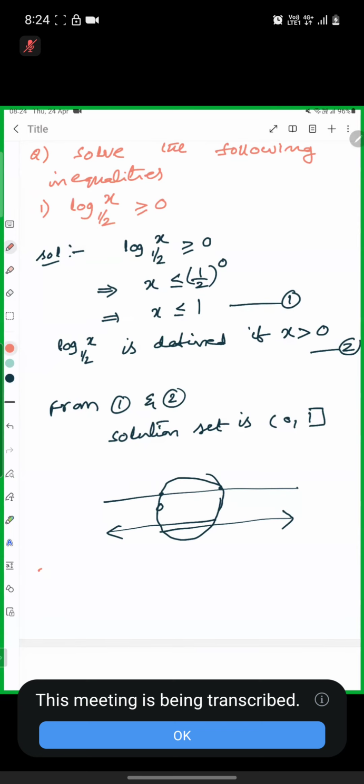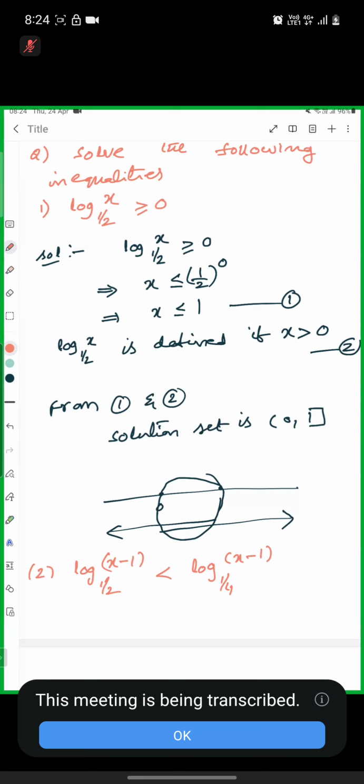Coming to the second one: log of x minus 1 to the base 1 by 2 less than log of x minus 1 to the base 1 by 4.